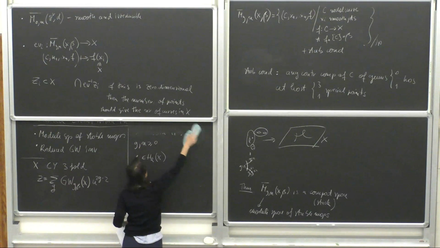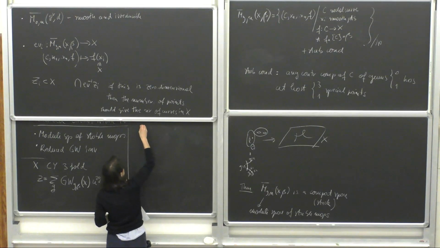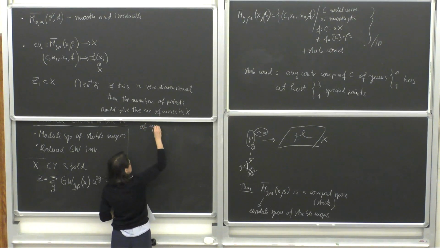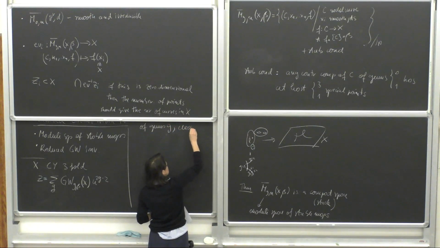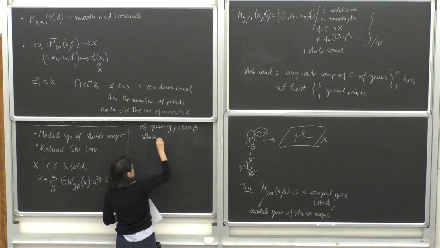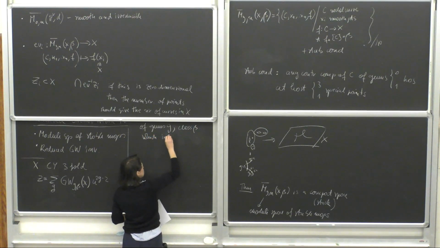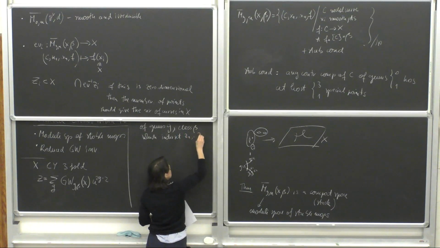Okay, I'll write it here. So curves of genus g, class beta, which intersect Z1, ..., Zn.